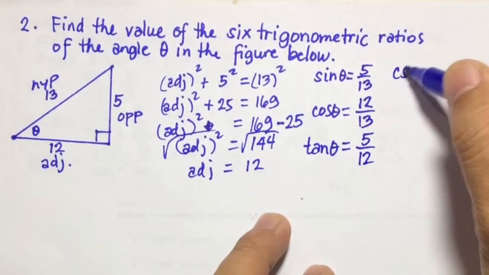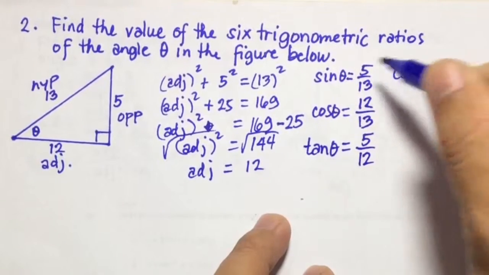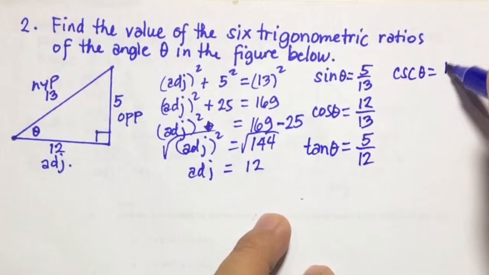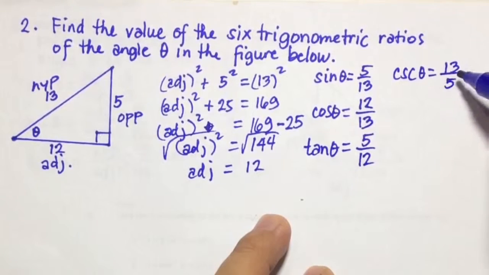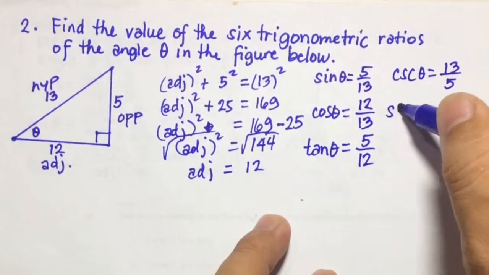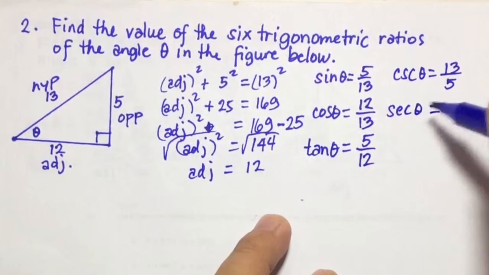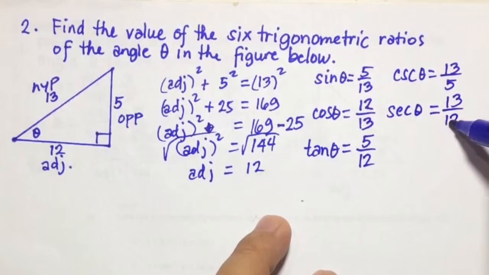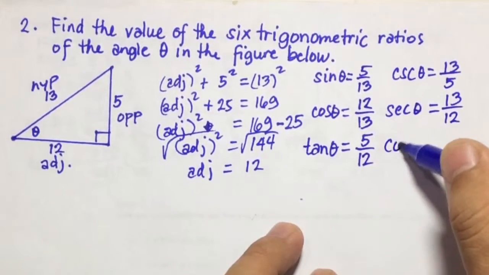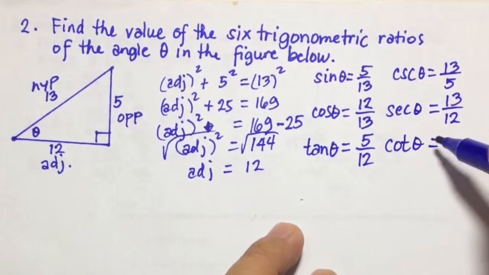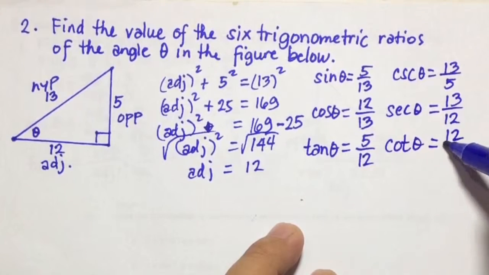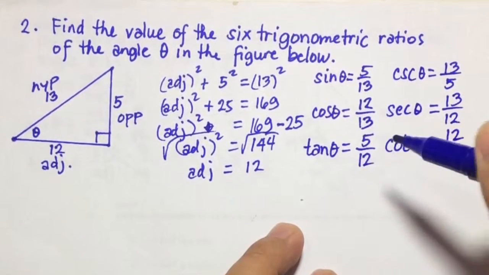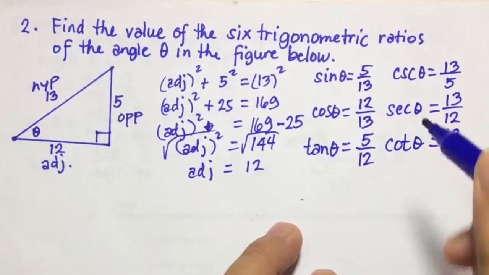Then cosecant of theta will be the reciprocal of this one, that will be 13 over 5. Then secant of theta, reciprocal of this one, that will be 13 over 12. And the last one, cotangent of theta, will be equal to 12 over 5, the reciprocal of tangent of theta.